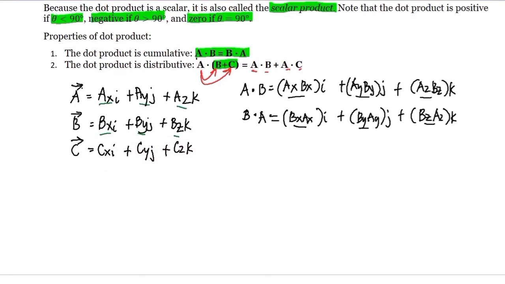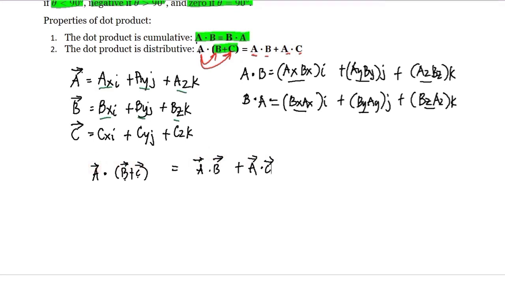So we have A dot the quantity B plus C, and it says this is just equal to A dot B plus A dot C. I will add the arrow on top since we are using handwriting.